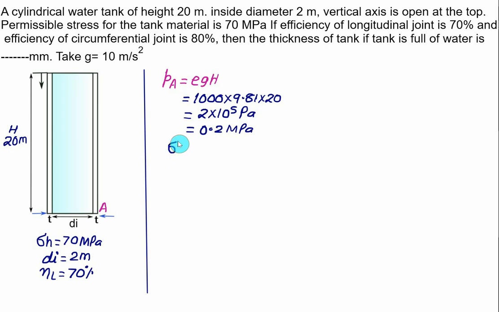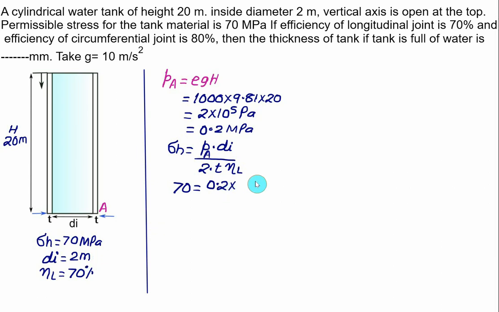We have hoop stress equal to pressure multiplied by internal diameter di. We have to take the pressure at point A, further divided by 2 times the wall thickness, and again divided by the longitudinal efficiency. Hoop stress here is equal to 70 megapascal. Pressure we also put in megapascal, that is equal to 0.2.